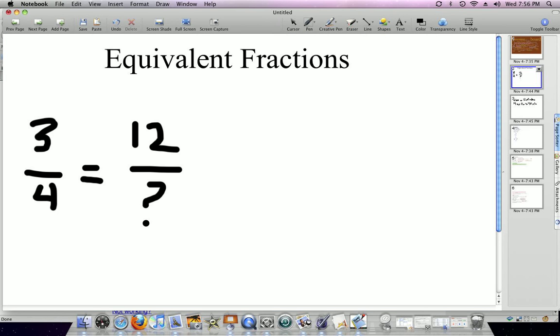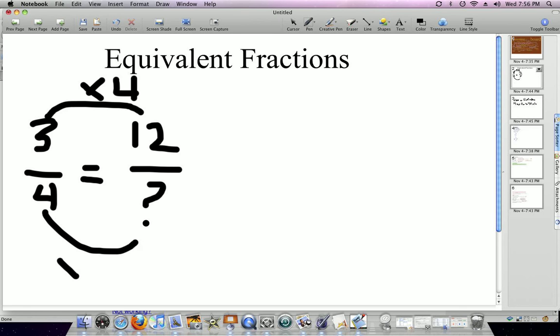Think about equivalent fractions. 3/4 is 12 what? It shouldn't be all that hard to figure out. What do I do to the 3 to make 12? I'm pretty sure I'm going to multiply it by 4. What do you do to 4 to make it equivalent?